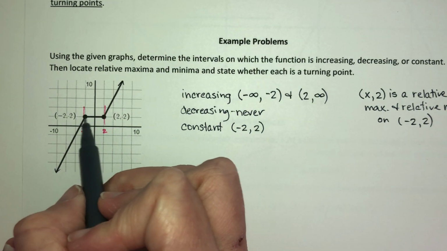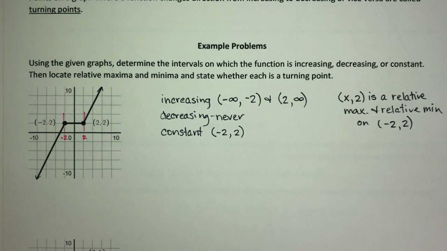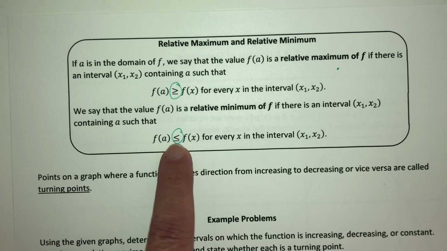Okay, everything in here, excluding the endpoints, is both a relative maximum and a relative minimum because it's the same as everything else in its immediate vicinity, and we're allowed to equal to.